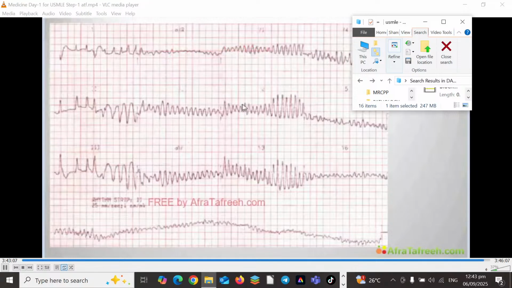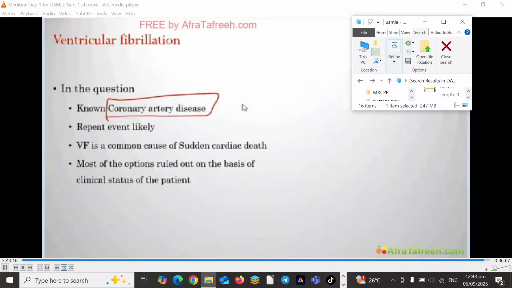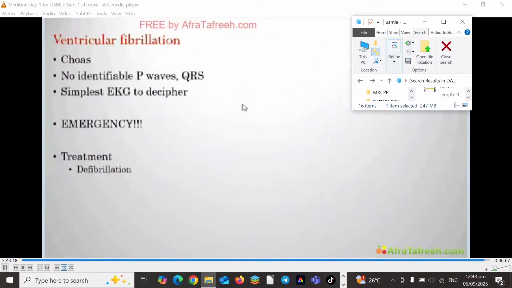So Amritsar, we did not cover much. We just said about this. We said if there is chaos on the EKG, you need to give a defibrillation because the heart is not contracting. So in such a condition, there is no utility of any of the IV intravenous drugs.